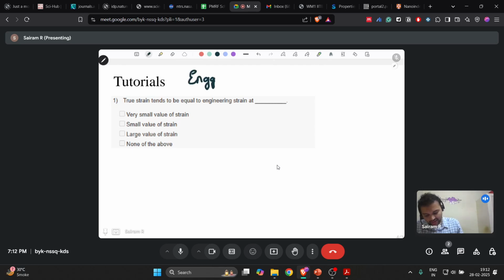I'll write engineering strain as equal to change in length by original length, where the change in length delta L can also be represented as L_f minus L naught, divided by L naught.